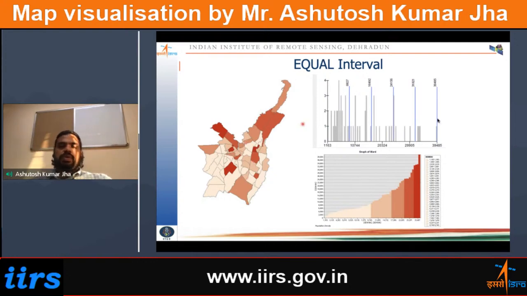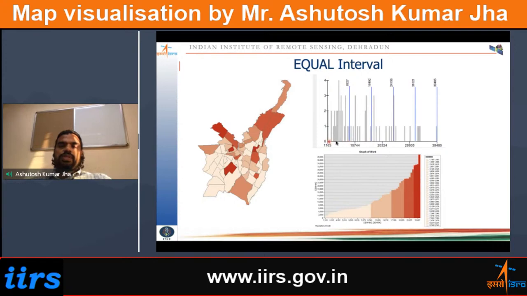If we have a total of 60 different values, then in each class interval 15 values are expected to be present, or rather the total range will be divided in such a way that the ranges between them have an equal value.